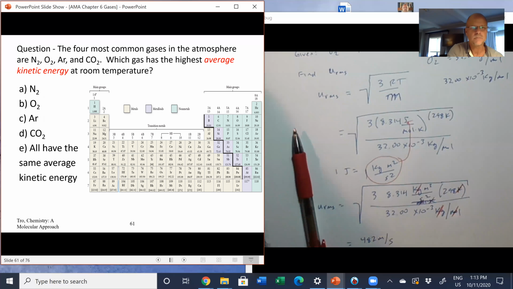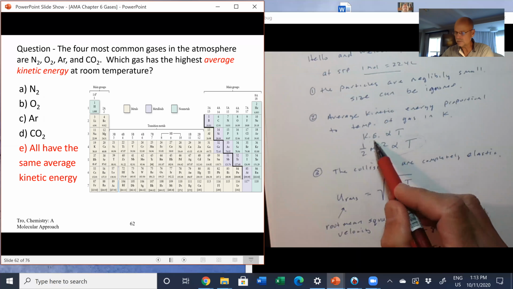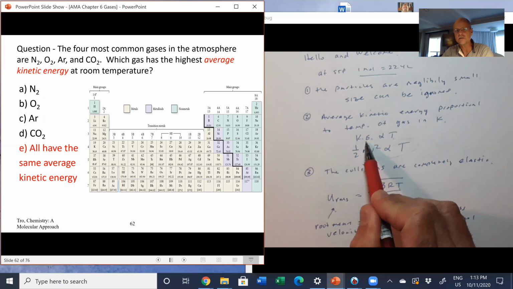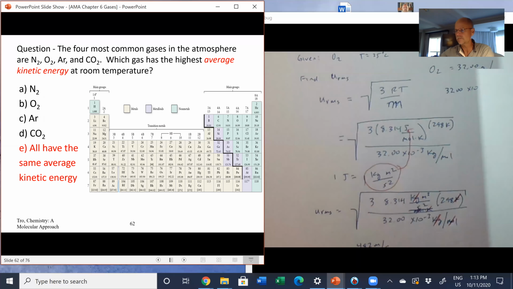Pause it now and go ahead and try to answer that question. The correct answer is they all have the same average kinetic energy. Remember that kinetic energy is proportional to temperature, and it doesn't matter what the gas is, its kinetic energy at a given temperature is going to be the same.